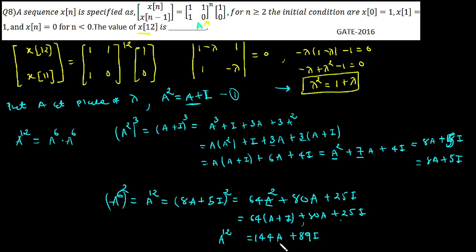So now let's put the value of A here and the identity. What you are getting is 144, now we have to put the value of A in terms of matrix. Now plus 89 in the 2 cross 2 identity matrix.